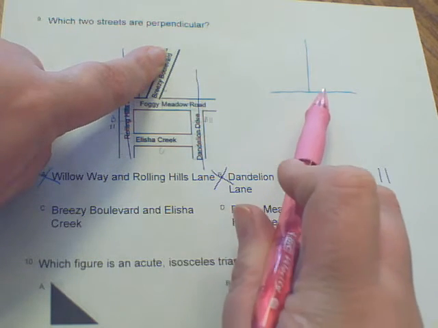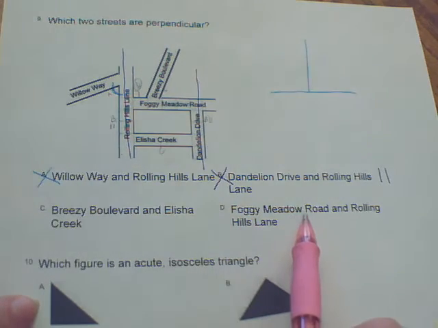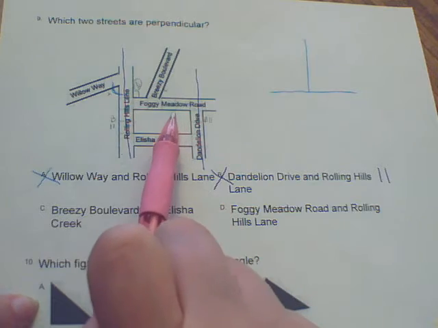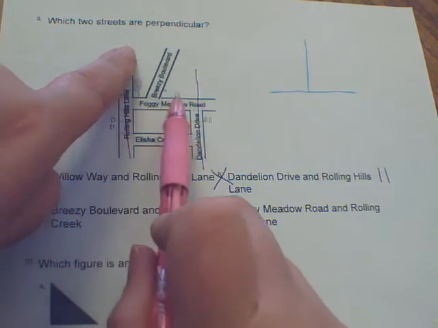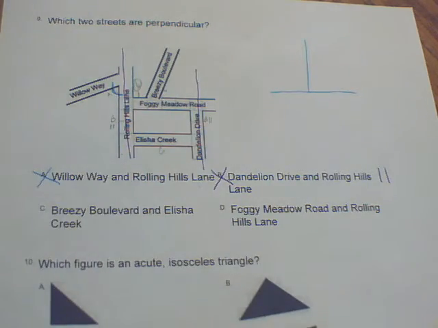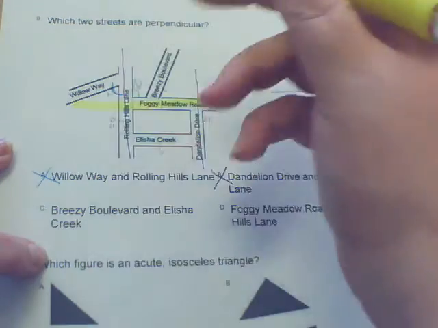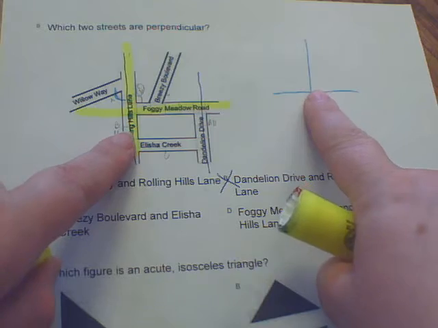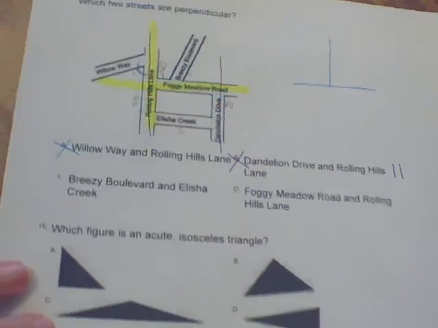Do those make that shape? I don't think so. Foggy Meadow Road, right here, and Rolling Hills Lane. If we kept going straight on Foggy Meadow Road, and this is Rolling Hills Lane, does that make that? Sure does. That would be the one that's perpendicular.